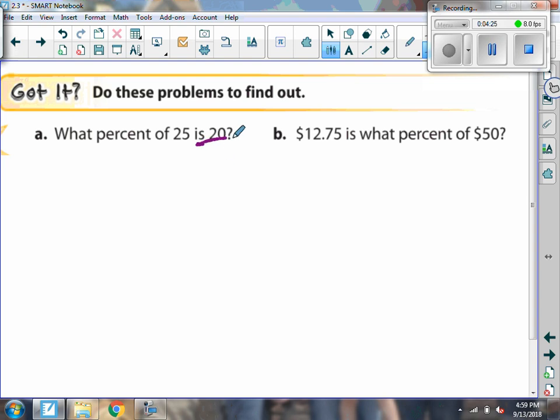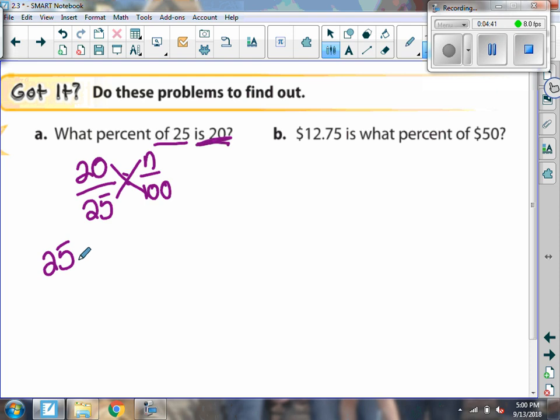It has to go with 20, otherwise 20 won't have a keyword. So it'll be 20 over, "of" goes with 25, is equal to n over 100. So we cross multiply. 25n is equal to 2,000. Our next step is to divide both sides by 25.